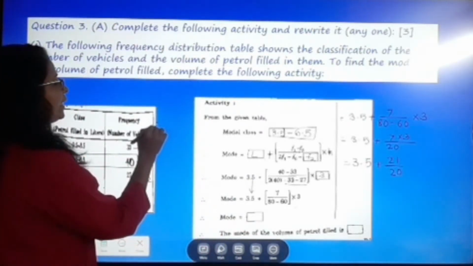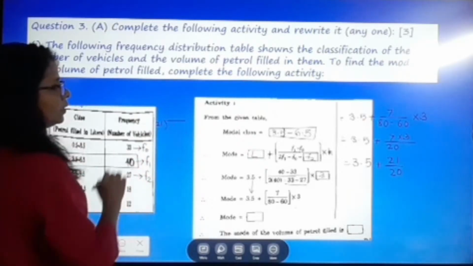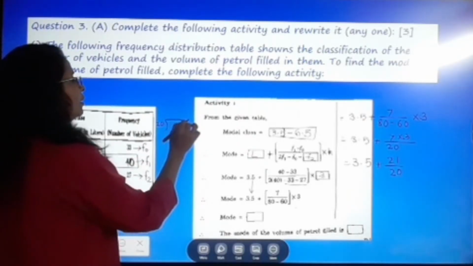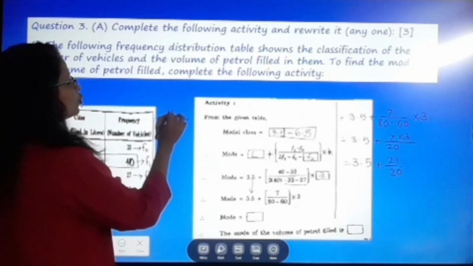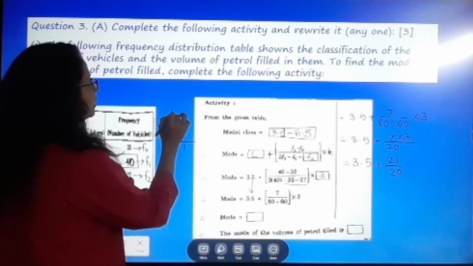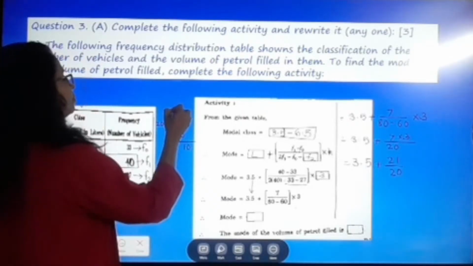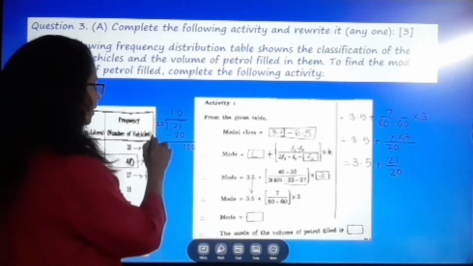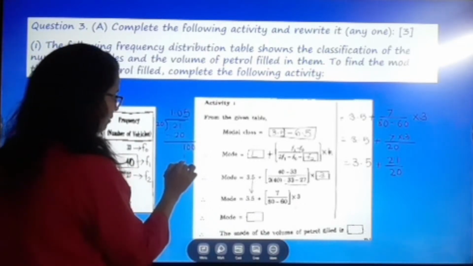21 divided by 20. So 21 divided by 20, so 2 ones are 20. Here then 1, taking point, here 0, taking then point, then again 0, then here again 0. So here 20 5s are 100.